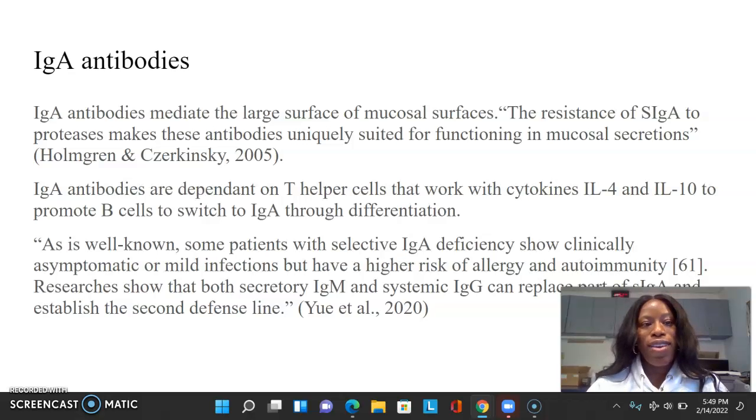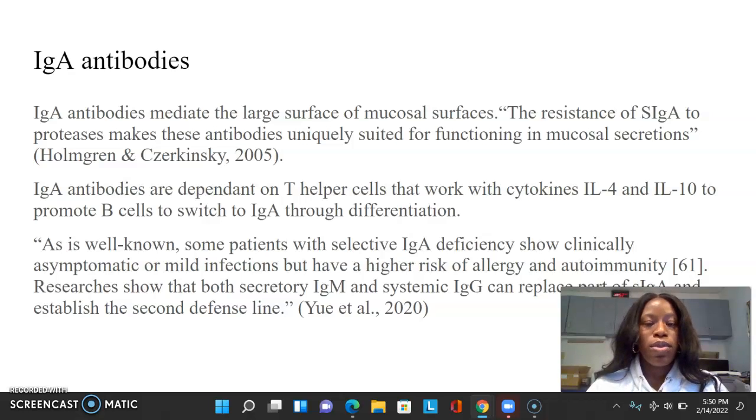We have IgA antibodies, which are a huge part of the adaptive immunity in mucosal surfaces. They account for a large portion of mucosal surfaces, and they are ultimately dependent on T helper cells that work with cytokines such as IL-4 and IL-10 to promote B cells to switch to IgA through differentiation.